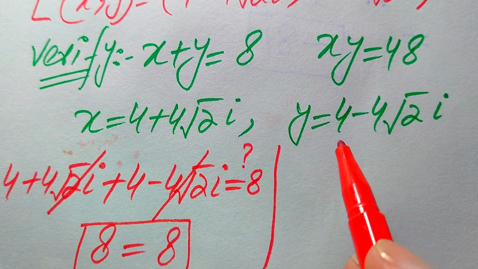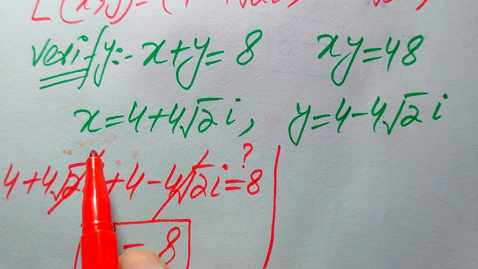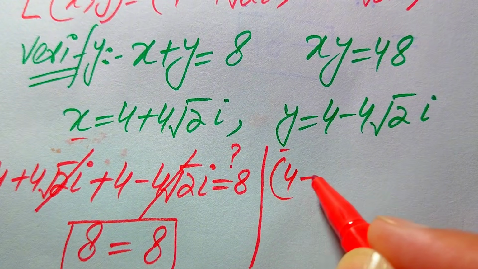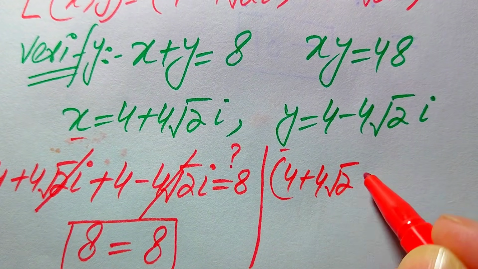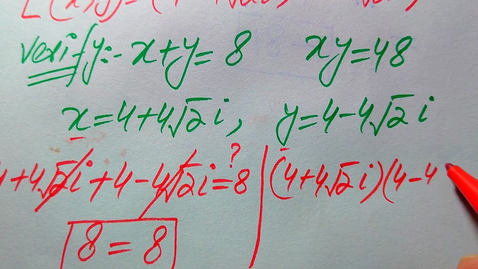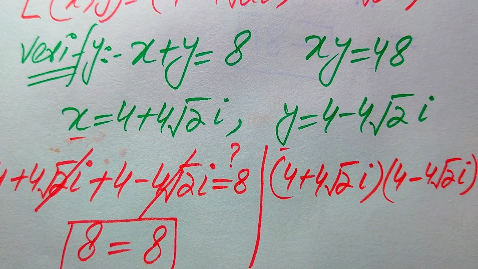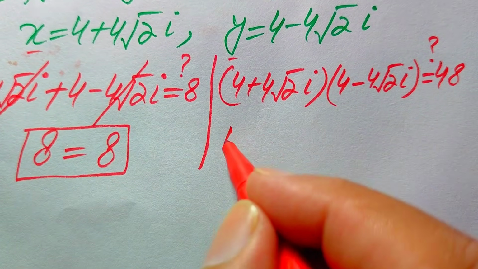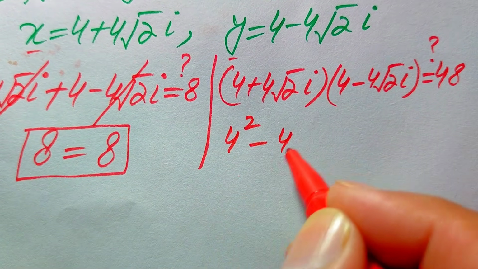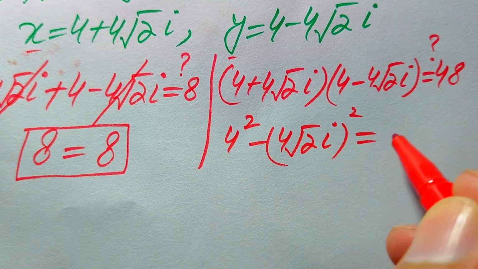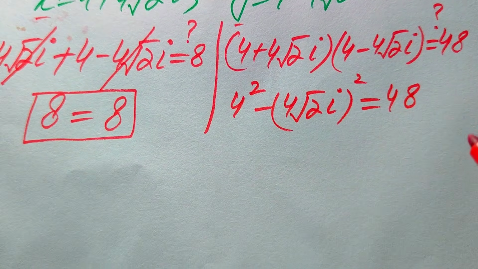And in the same pattern we verify the second equation. For this we put both of these values here and we check whether 4 plus 4 times the square root of 2 iota, into 4 minus 4 times the square root of 2 iota, equals 48 or not. So here we use the algebraic formula and write it as 4 square minus 4 times the square root of 2 iota, whole square, equals 48 or not.